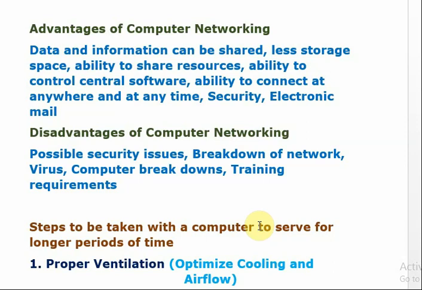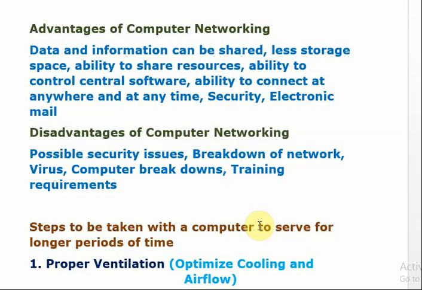Then breakdown of a network. If the network breaks down, others won't be able to access, not like on our personal computer. It is stored in the central server. If there is a breakdown, then clients can't access. If a virus infects, since it is interconnected, other machines are also easily affected.